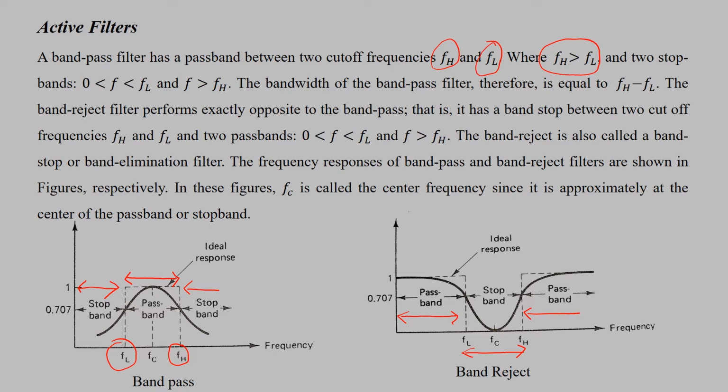Band reject filter is also called band stop or band elimination filter. So these are as shown in figures, and FC is also called the center frequency, and it is approximately the center of the pass band or stop band.